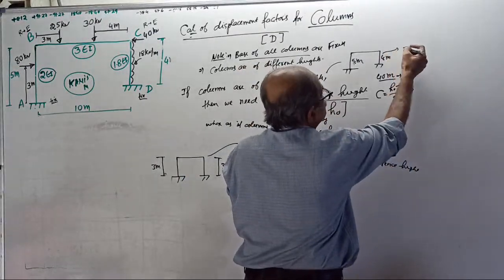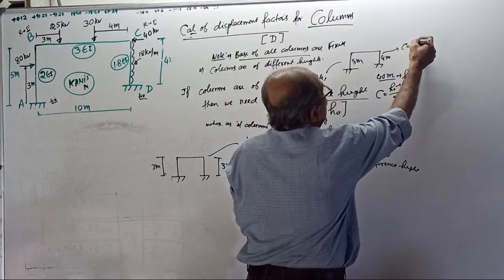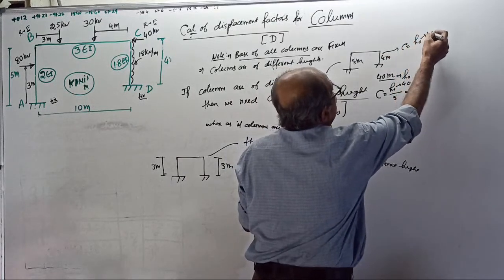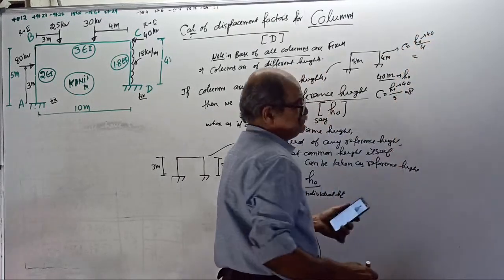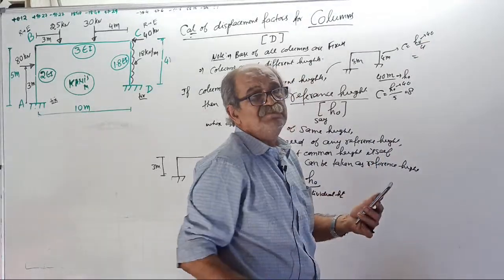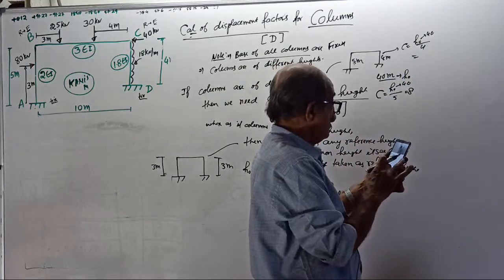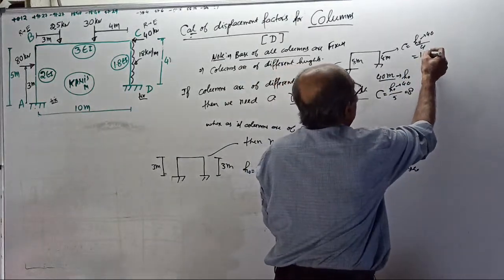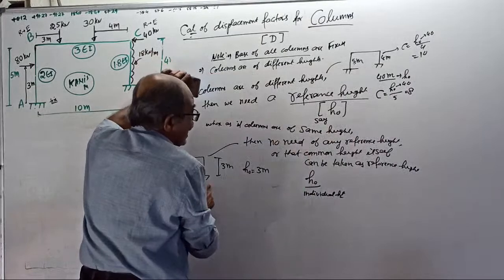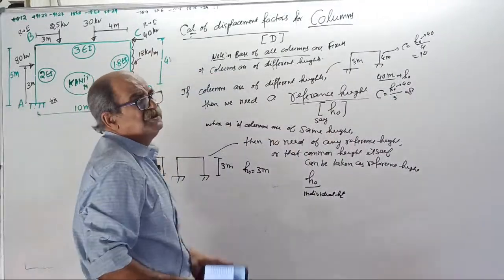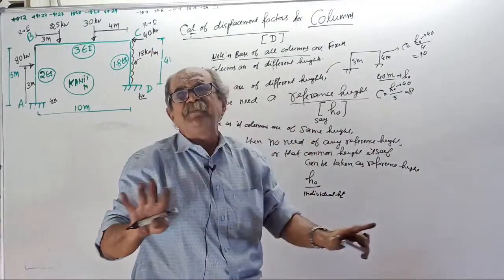For this column, reference height 40 meter divided by 4 will come 10. But in case columns are of same height, you completely forget about reference height.